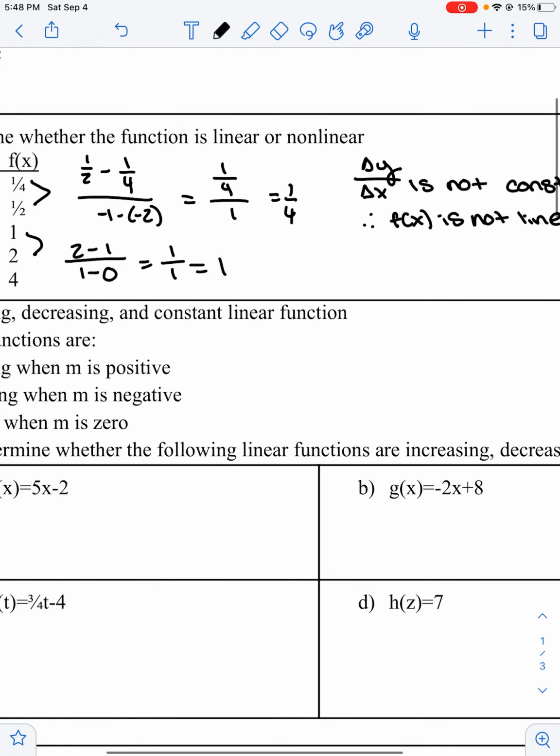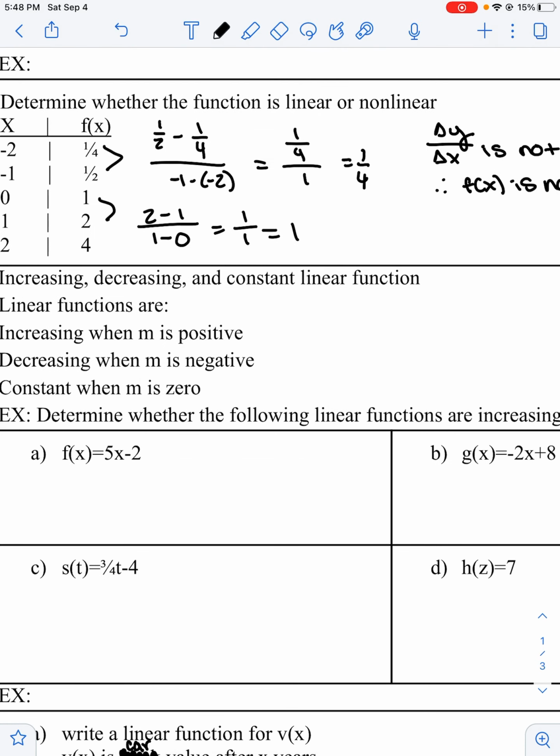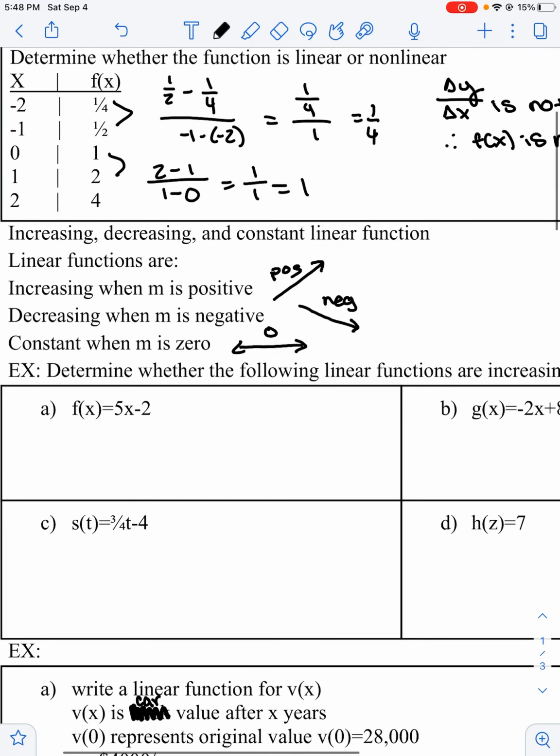Alright, going into increasing, decreasing, and constant. So increasing when we have a positive slope, decreasing when we have a negative slope, and constant when our slope is 0. So in these A, B, C, and D, we're just determining if the equation is increasing, decreasing, or constant.